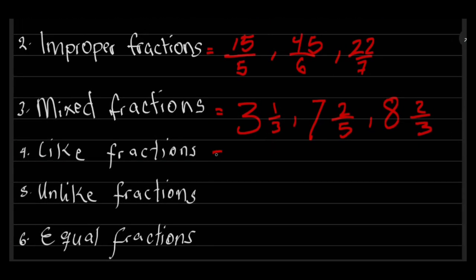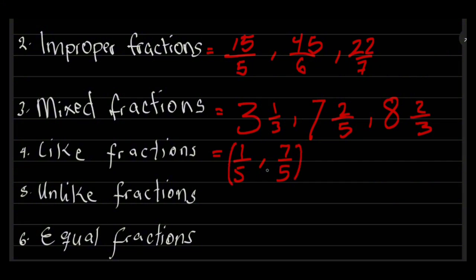Now we also have to understand the concept of like fractions. When we say like fractions, they are two different fractions or more that have the same denominator. So when we take 1 over 5 and then 7 over 5, they are like fractions.